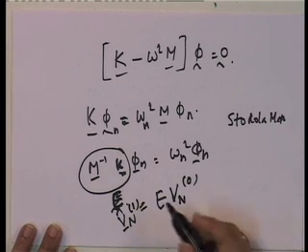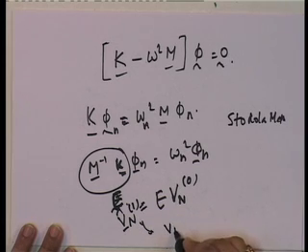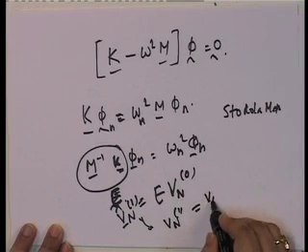So, what you do is you find out Vn tilde by multiplying by E, and then of course, you get Vn1 and compare with Vn0.